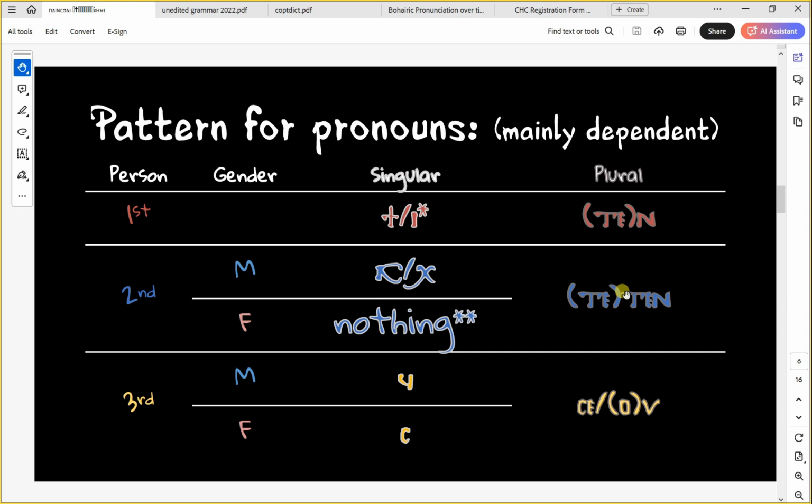But that would be this ten, not this ten, because this ten is only if it's a prefix. If I want to say with us, it would be neman. So neman versus nemoten. Nem, if you guys remember, means with or and.